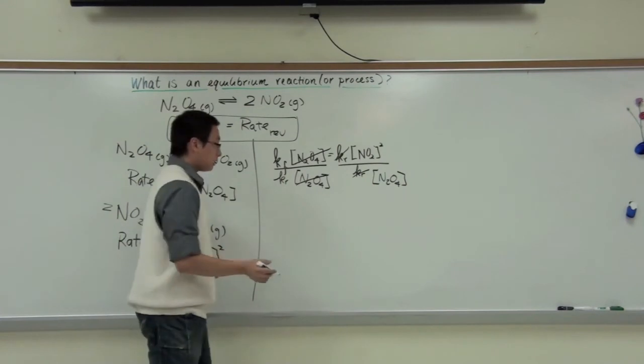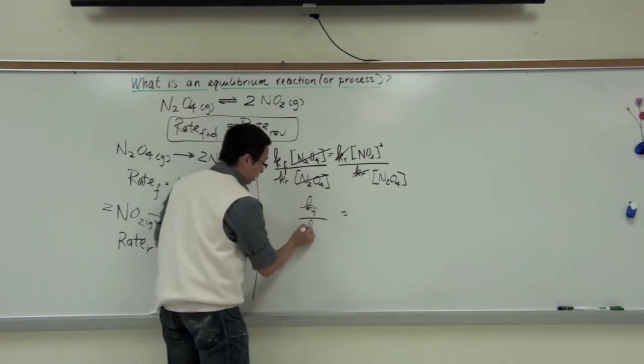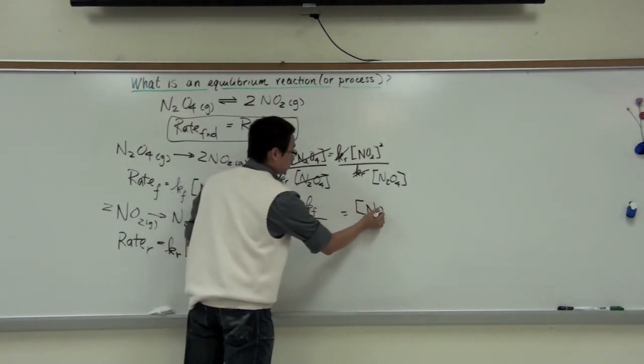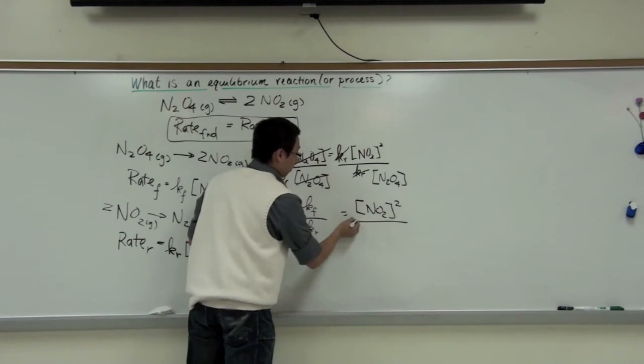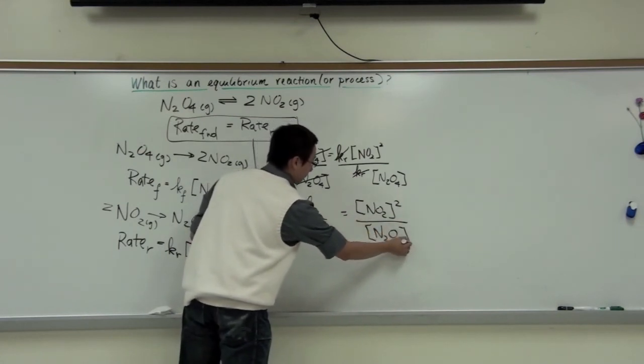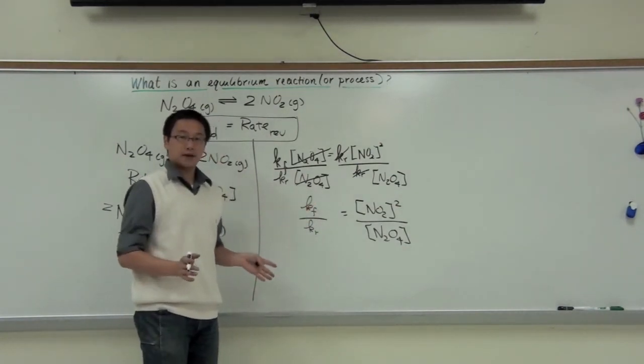So what is remaining is an expression of Kf over Kr is equal to NO2 squared over N2O4. Now, expressing this is kind of complicated.